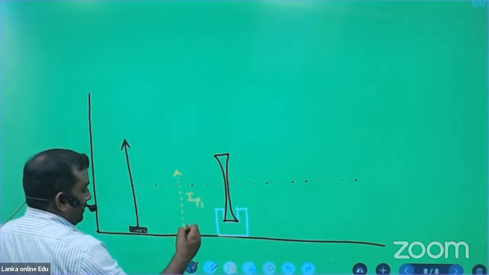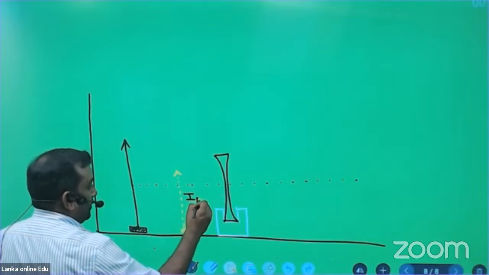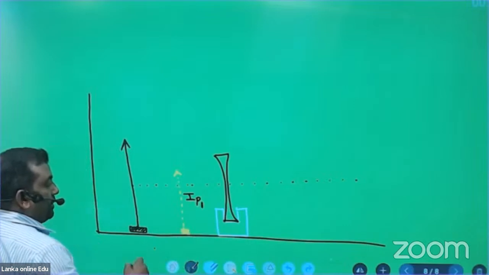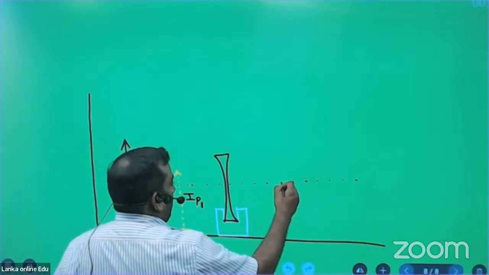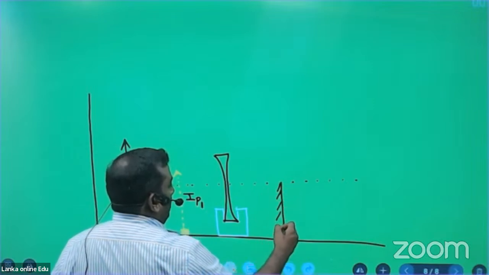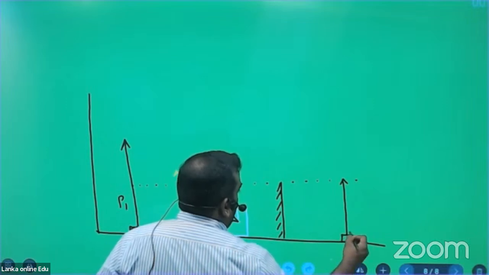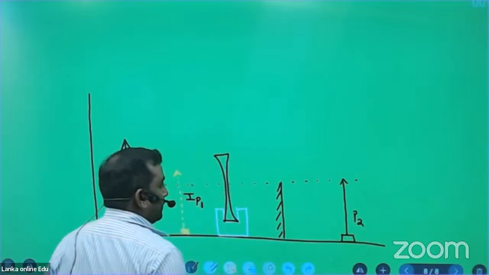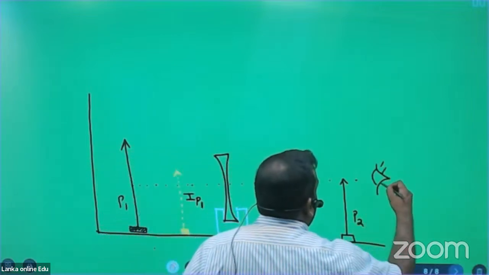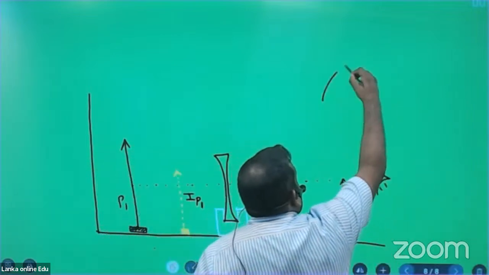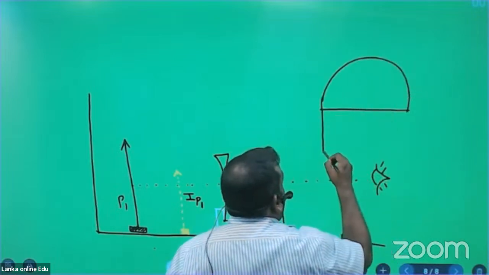Image of P1. When we keep a plane mirror here, and we keep another similar pin here, P2, look from this side. You will see half of the lens and half of the mirror.